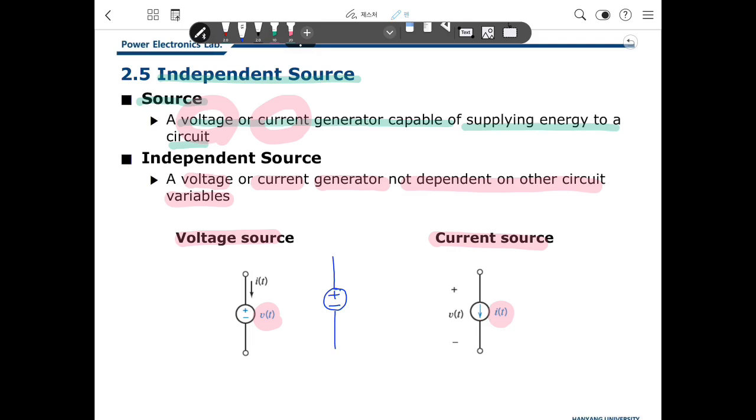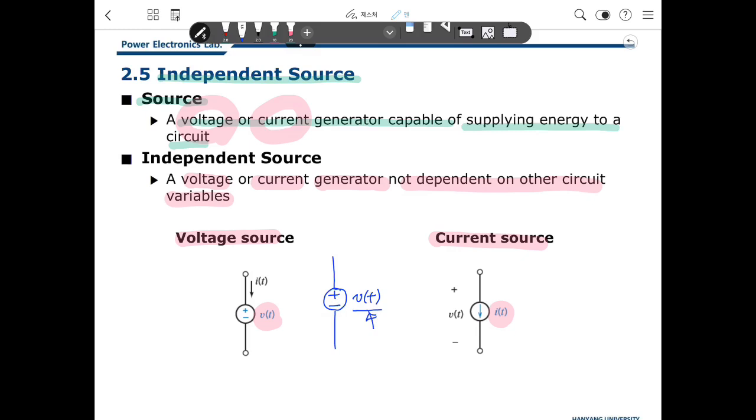Then we express the value of the voltage as v(t). It could be a function of time or it could be constant, not dependent on time. But the important thing is that the value is not affected by the other variables in the other circuit.